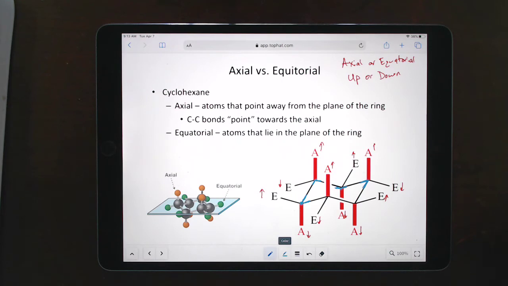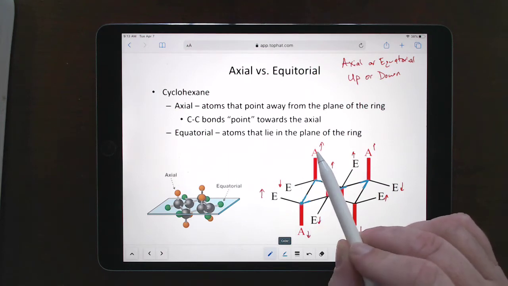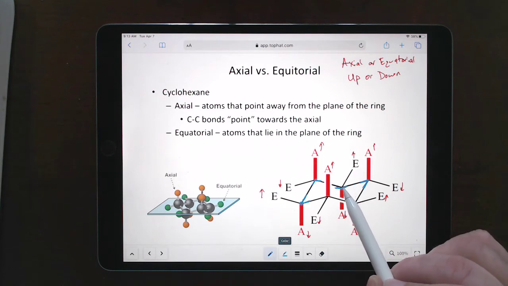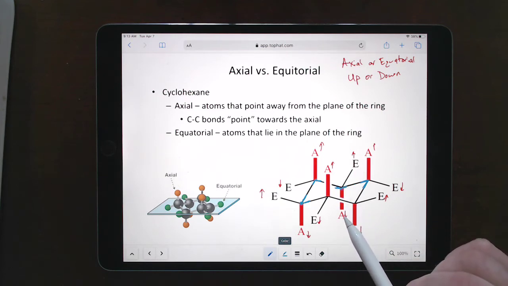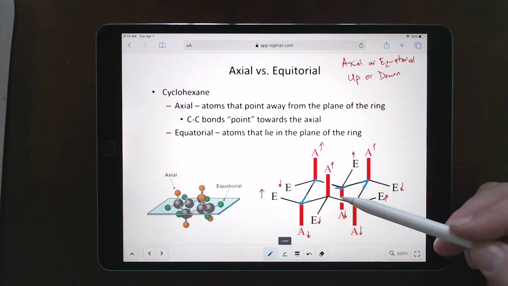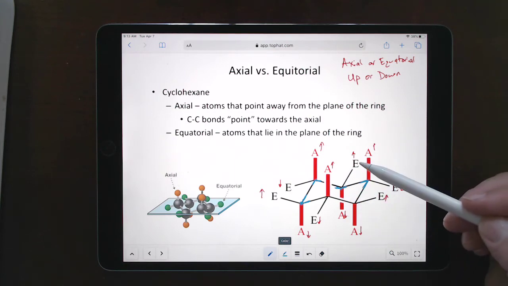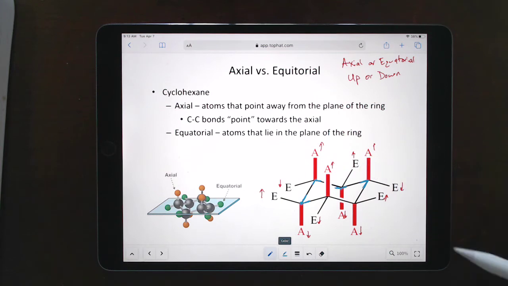So you can do that for all of it. So equatorial up, axial down. For here, this is axial. It's higher than this one, so down. Here, the axial has to be pointed straight down because that's where the carbon-carbon bonds are pointed. That means this is axial, that one's equatorial. And you go all the way around.